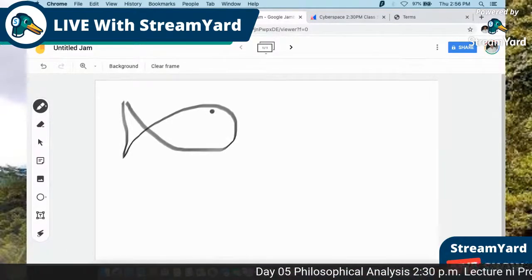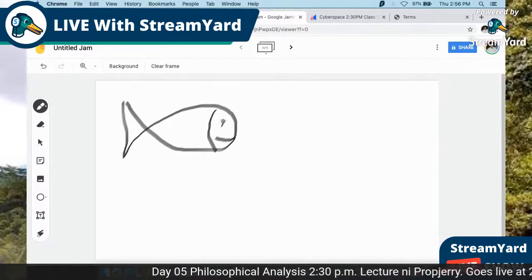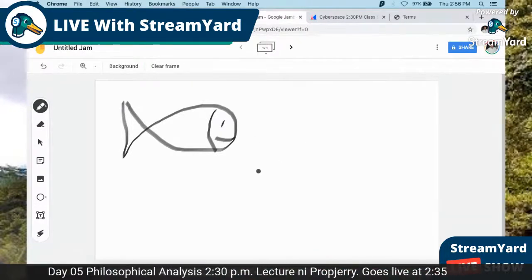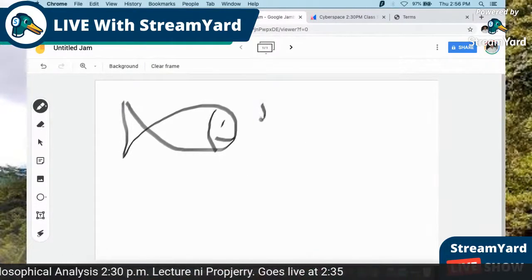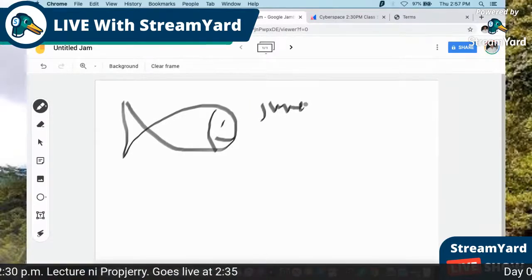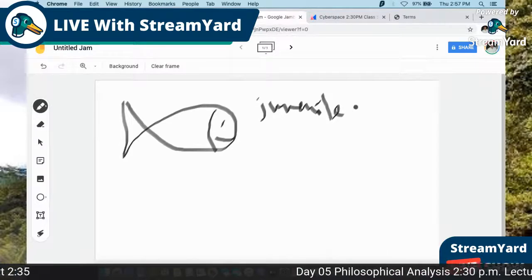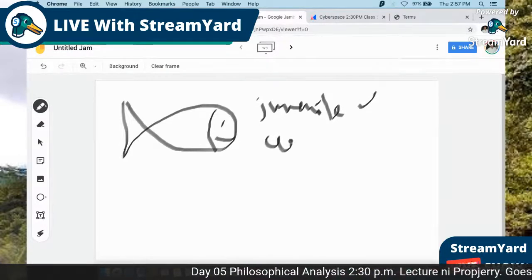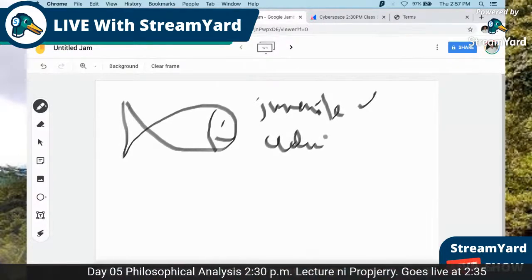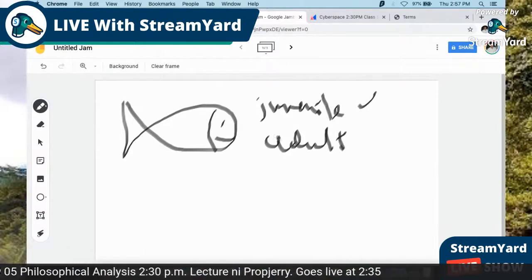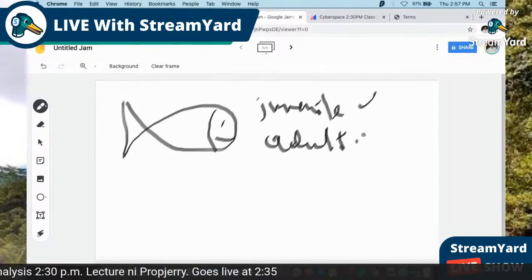You go to a lake, you catch a fish. When you catch a fish, if it is juvenile, a young fish, you return it to the lake. If it is an adult, then you can eat it.